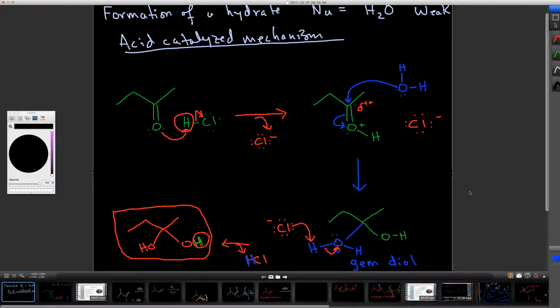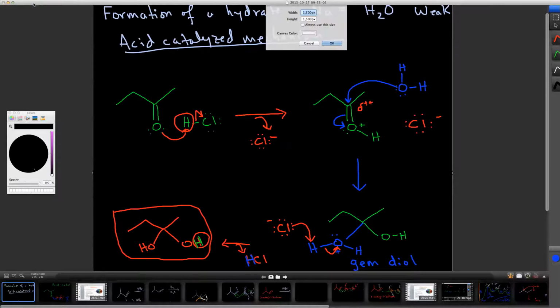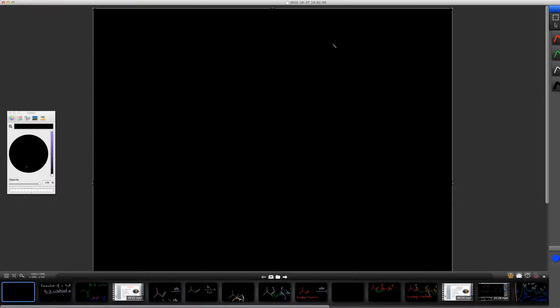Now let's take a look at one in which the nucleophile is strong and not weak. And this is chemistry that we will look at in more depth towards the end of the semester. This reaction is technically an oxidation-reduction reaction. And I want to use the same substrate that I've been using.